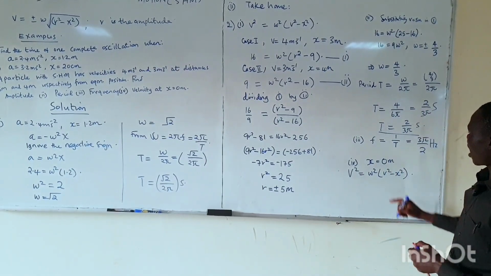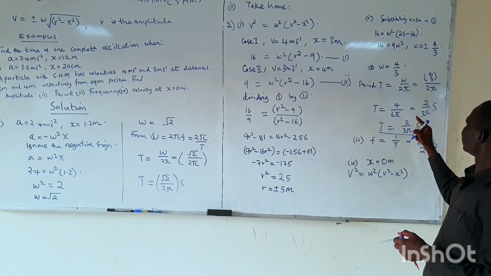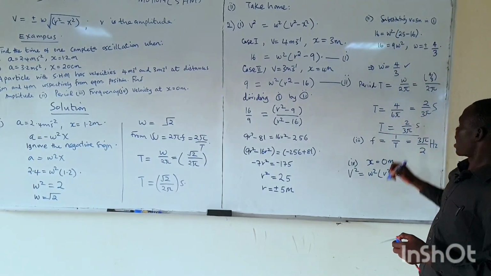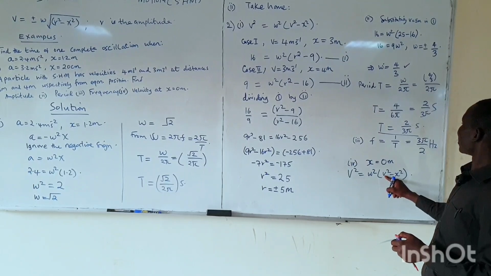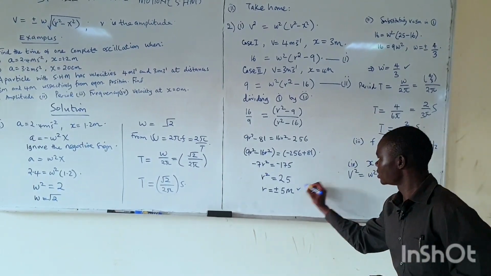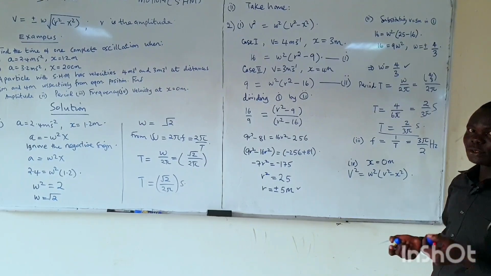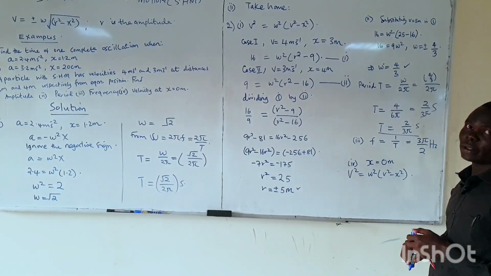Already we know our mu, and our r is here. So x is equal to 0. We just do substitution and we get our v.